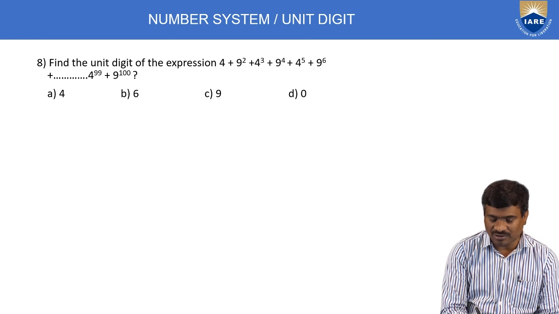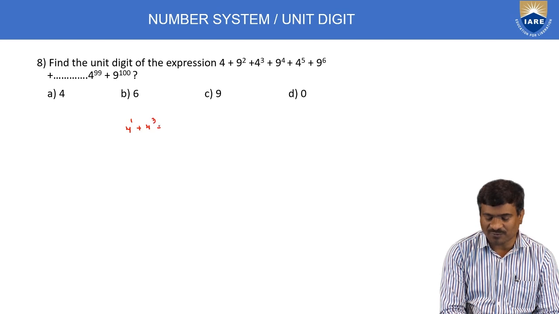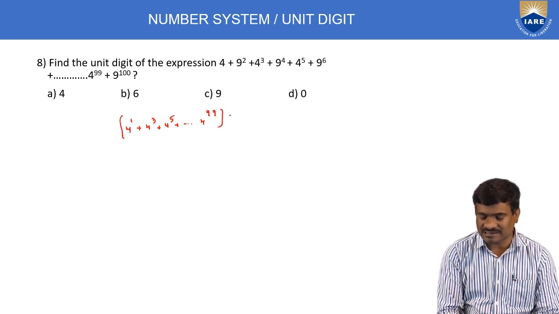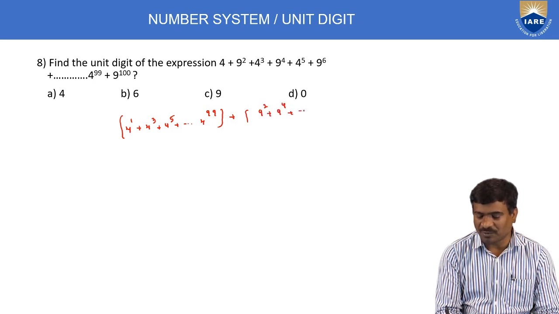First part: 4 to the power of 1, next 4 to the power of 3, next 4 to the power of 5, and so on up to 4 to the power of 99. This is the first series. Next, the second series: 9 to the power of 2 plus 9 to the power of 4 and so on up to 9 to the power of 100.